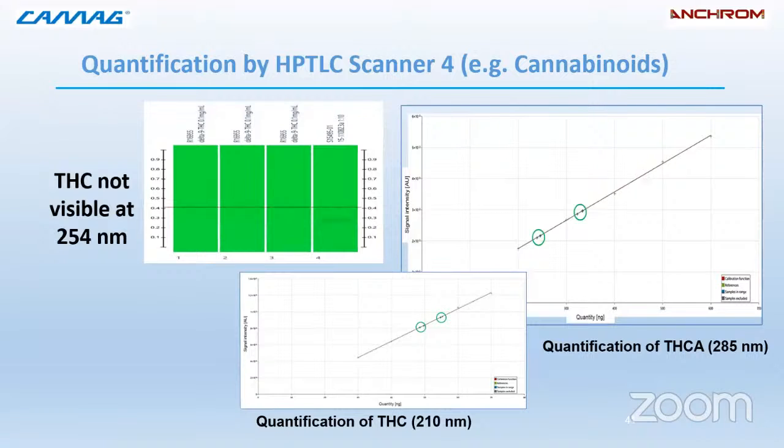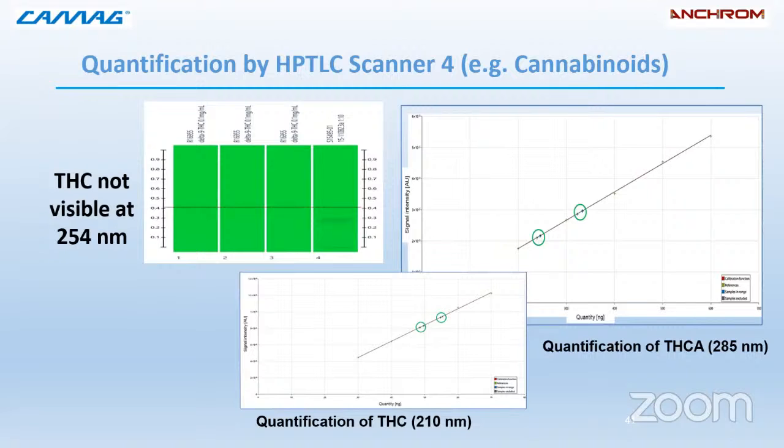Here is one example of quantification by HPTLC scanner. We have taken an example of cannabinoids which are isolated from cannabis, famously known as ganja or afu sample. There are different cannabinoids, but the principal ones are THC, that is tetrahydrocannabinol, and THCA, tetrahydrocannabinolic acid. Now, when we have developed the plate and taken the image at 254 nanometer, only one wavelength is there.